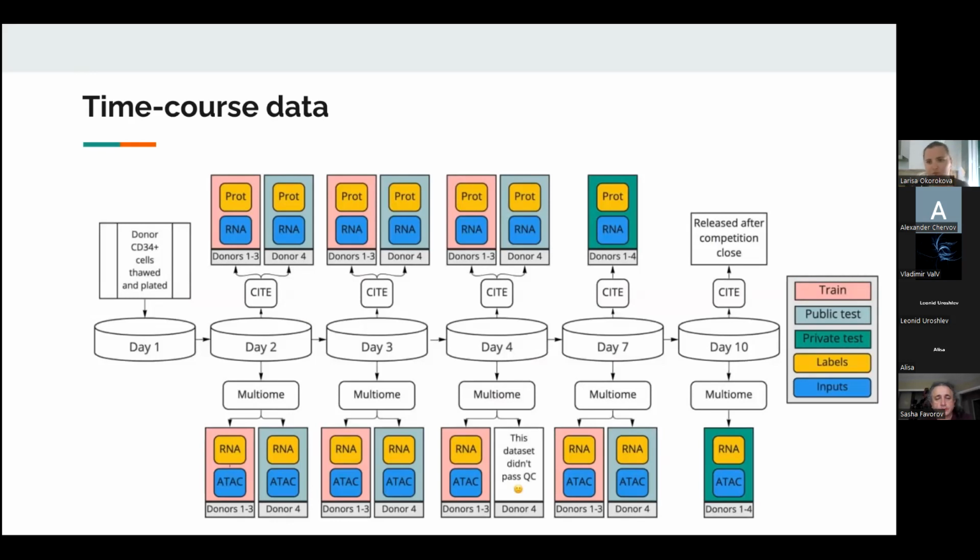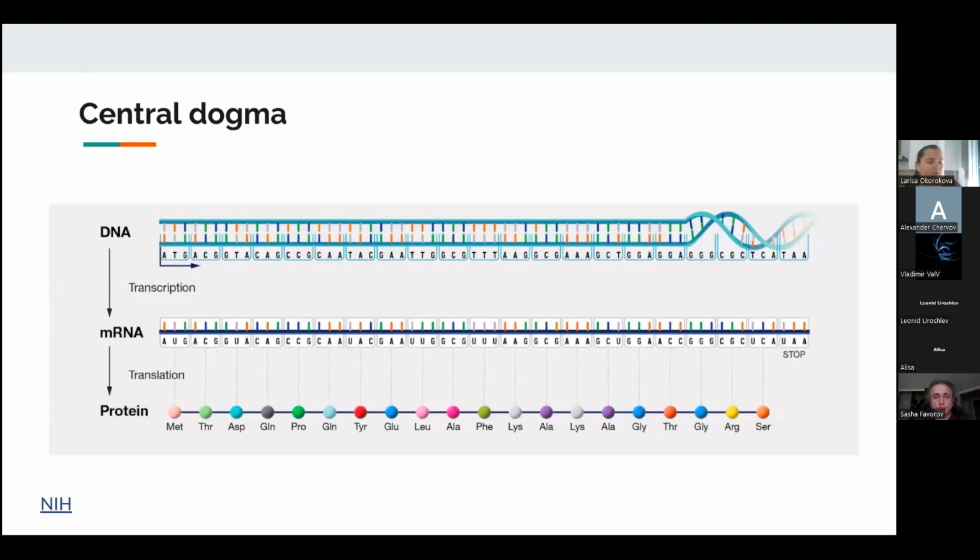Why do we need to take these particular modalities? The spoiler: we just knew how to do it, but this is the best we can do. So that's why we want to understand the biological variance behind it. I'm pretty sure that you are all familiar with the central dogma of molecular biology.